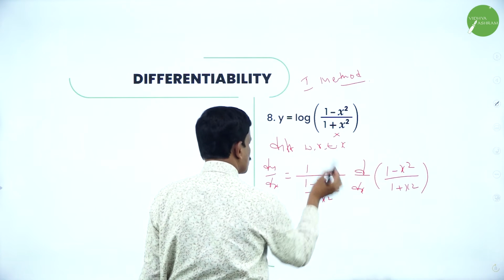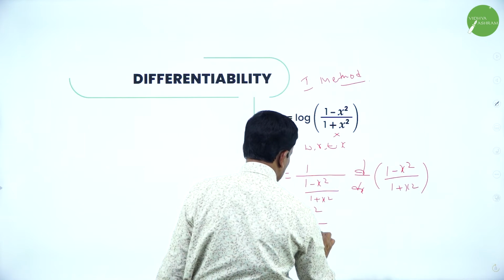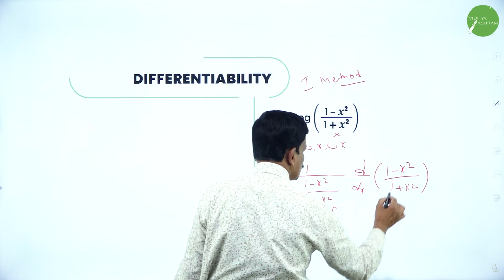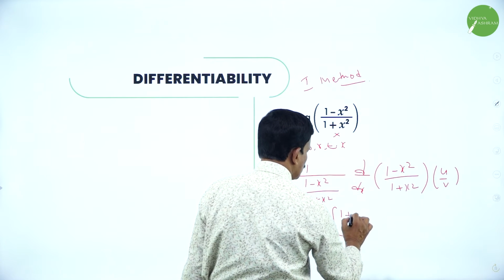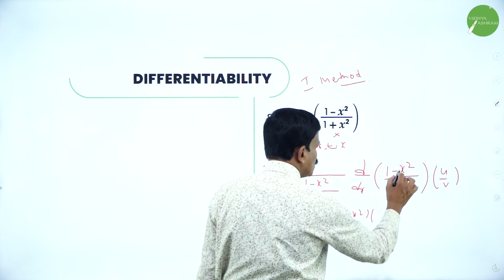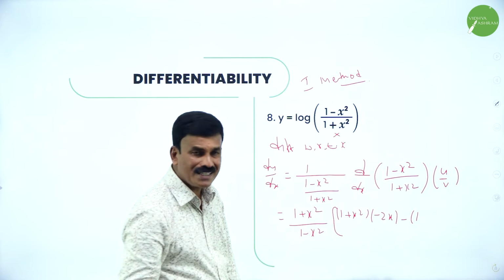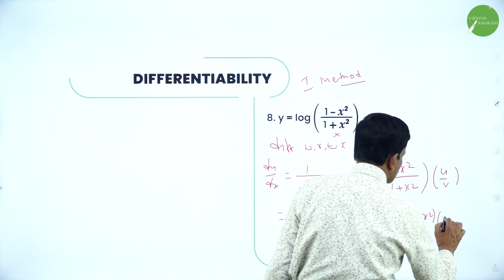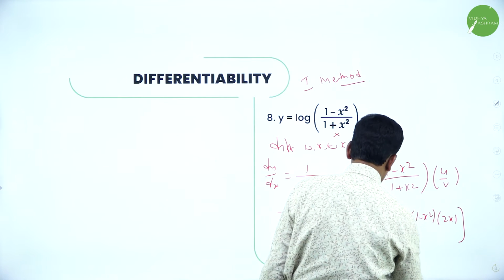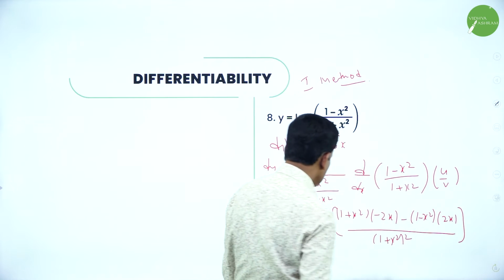Now, just take this to the numerator: 1 plus x square by 1 minus x square into, this is u by v, numerator by denominator, 1 plus x square into differentiation of numerator, which is minus 2x, minus numerator 1 minus x square into differentiation of denominator, x square is 2x, divided by denominator square, 1 plus x square whole square.